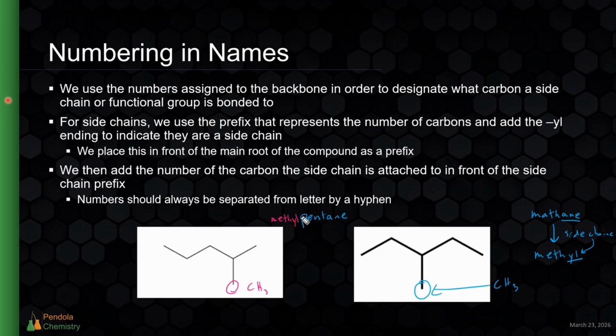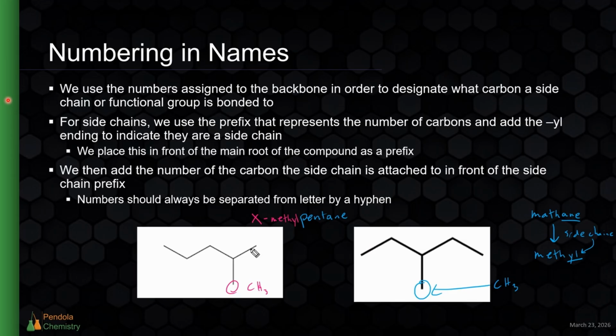That methyl representing the 1 carbon side chain, and they're going to be X-methylpentane. What is X? X is the number that side chain is attached to. The numbers are always going to be separated from letters by a hyphen, and this is very important to learn. Every time we have a number in organic nomenclature, we're going to separate it from any letters by a hyphen.